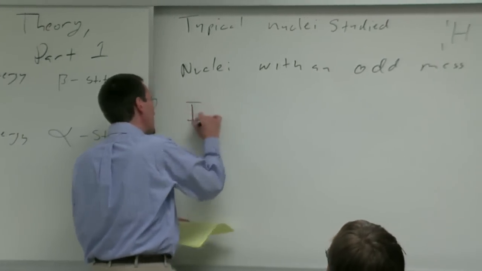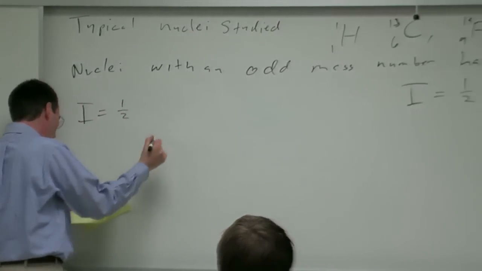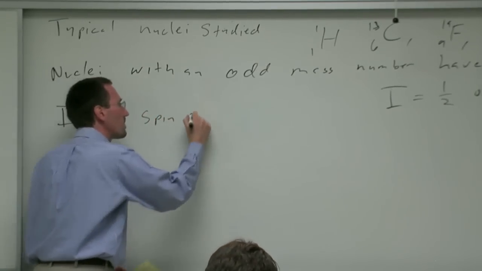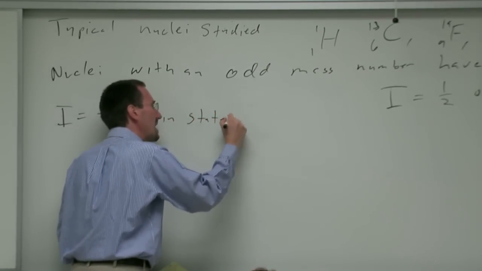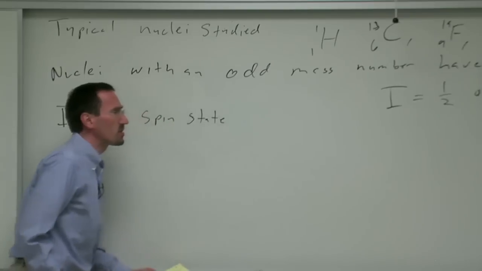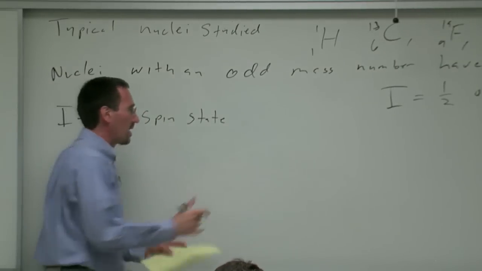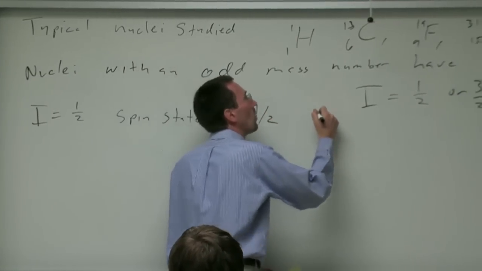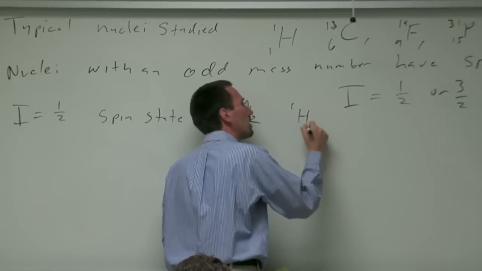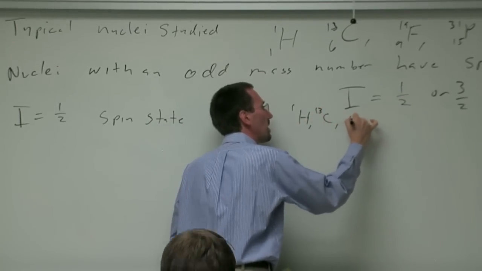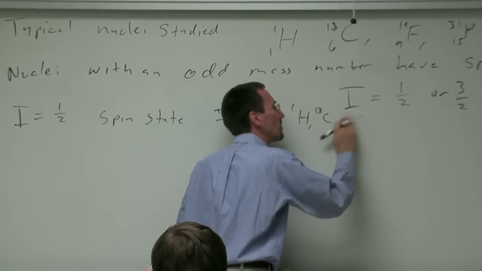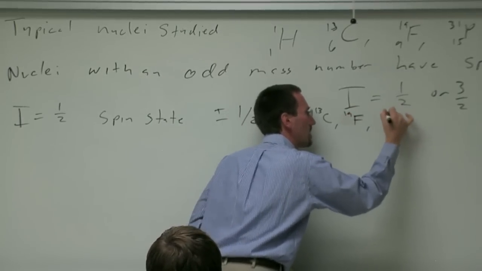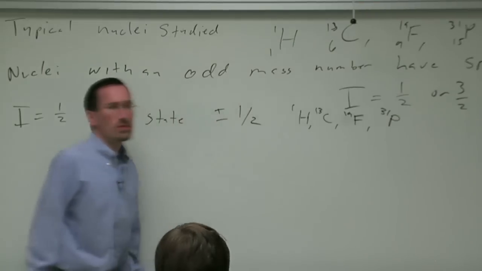So all the ones here of I equals 1/2 have spin states. So we have the quantum number and then the two spin states they can have. And so the spin states are plus or minus 1/2. So that's all of these, H1, C13, F19, we'll come to nitrogen in just a second, and P31.